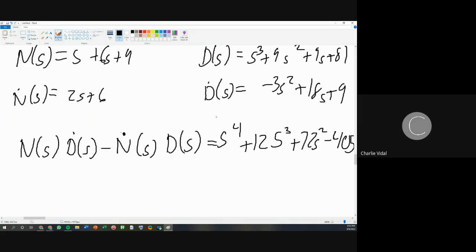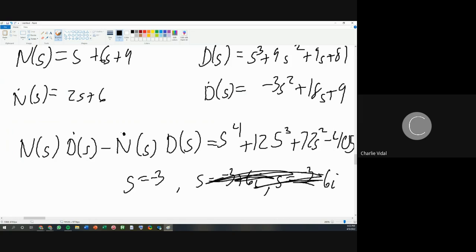But if you did have to find this, the roots of this are s is equal to negative 3, s is equal to negative 3 plus 6i, and s is equal to negative 3 minus 6i. Basically, you choose the farthest point to the left that is on the x-axis, and you just disregard these three.